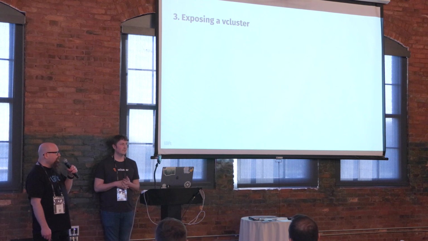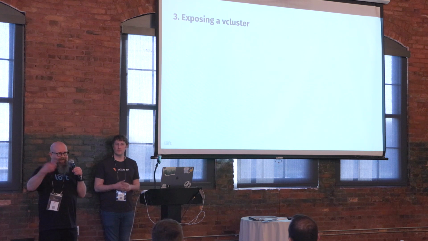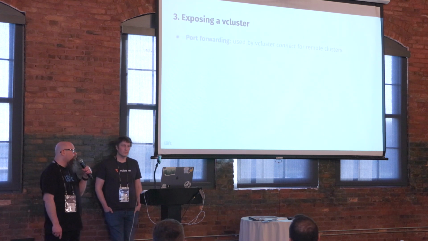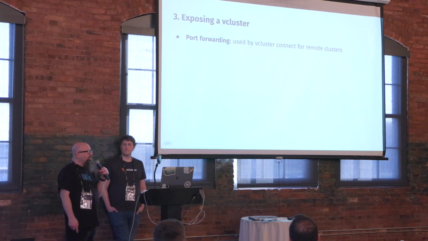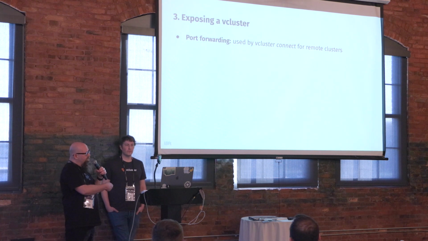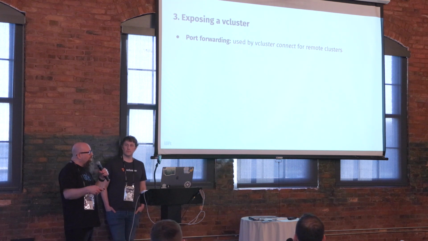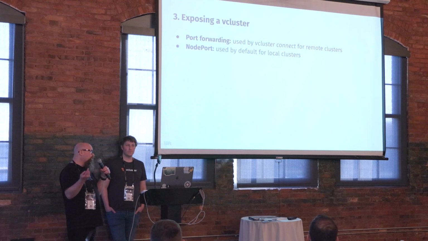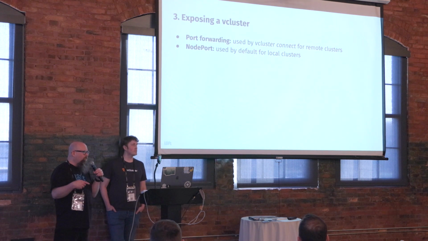Tip number 3, exposing a vCluster. So we have one of these virtual clusters, and we want to be able to connect to it and interact with it. There are a few ways to do that. We can use port forwarding, and like Carl mentioned, the vCluster connect command uses that by default for remote clusters. You can also use a node port, and that is actually used by default now for local clusters.